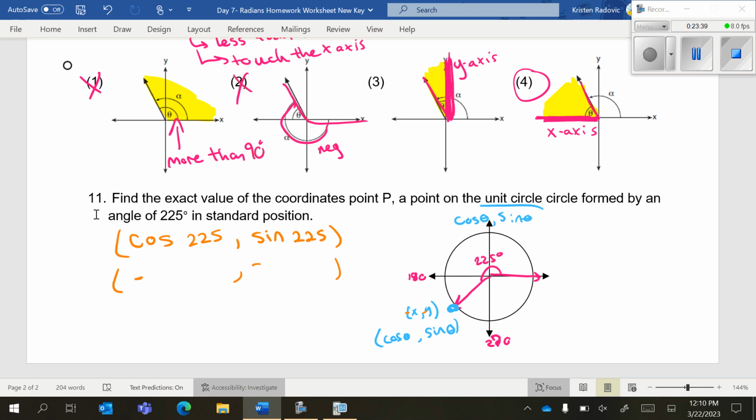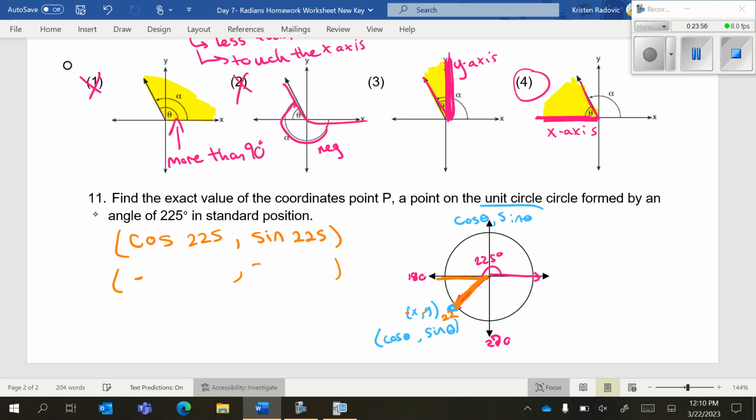225 degrees is too large to figure out what cosine of 225 is. You need to make it smaller, and that is the purpose of a reference angle. So for your reference angle, we're on the left side, so we're going to compare it to 180.